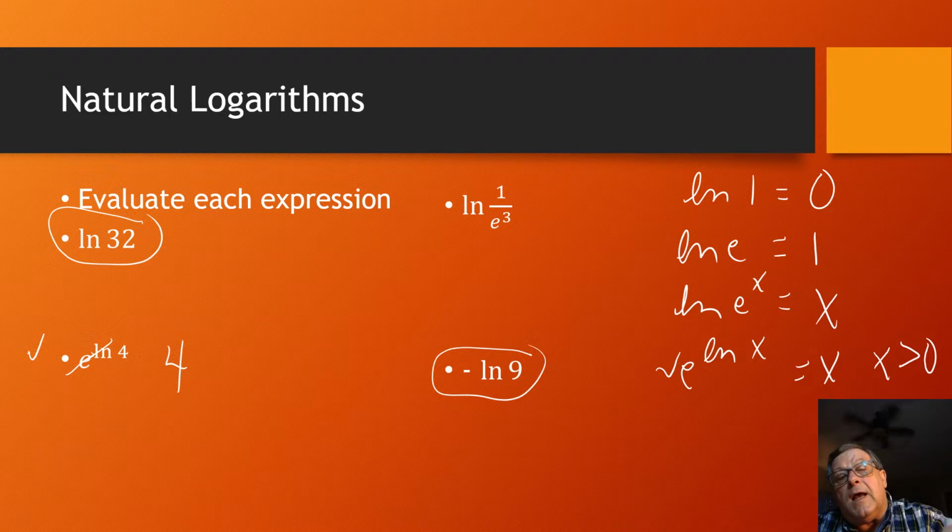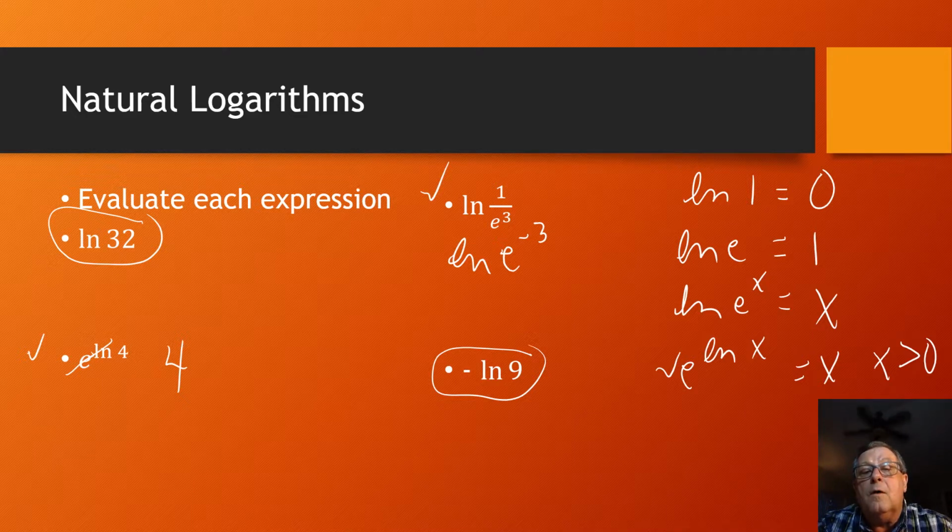Now, this one, the natural log of 1 over e to the third power. Well, let's see. I've got that natural base raised to the third power in the denominator. I could rewrite this as ln of e to the negative third power. And that's the same as the natural log of 1 over the natural base raised to the third power.